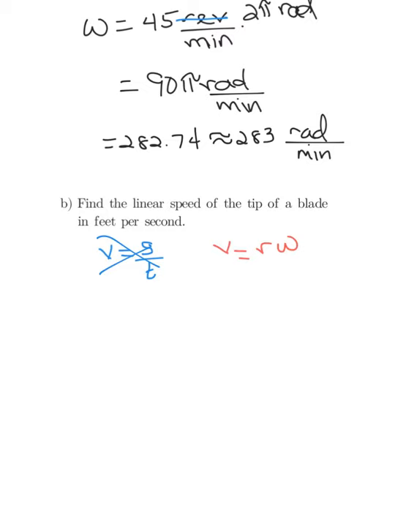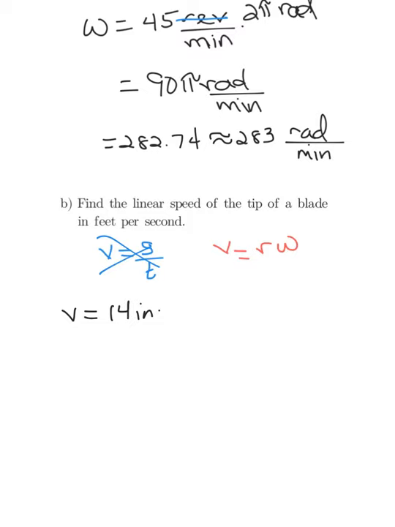We were told very specifically that the radius is 14 inches, and we just found omega in part A. So we are going to use the V equals R omega version of this formula. Setting this up, we will say V equals, our radius is 14 inches, and we take that times our omega.